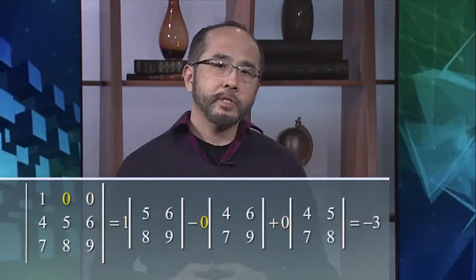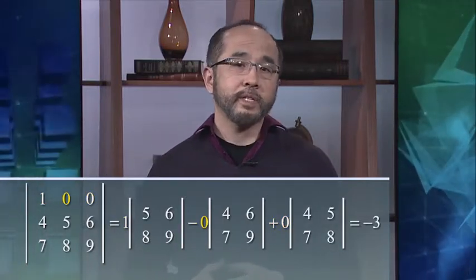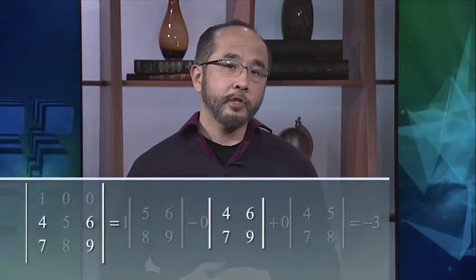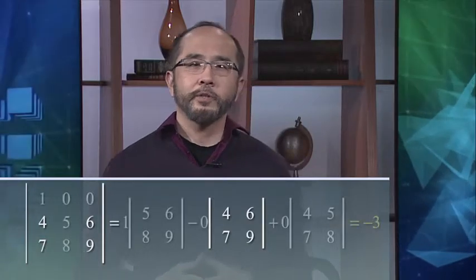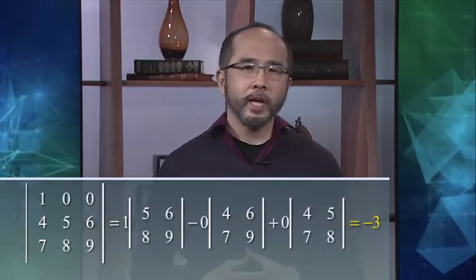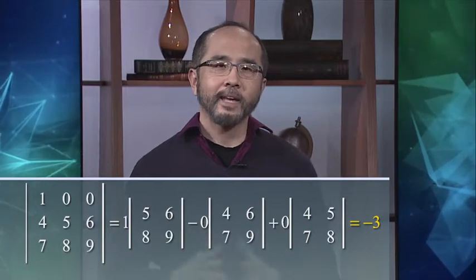And if you want the submatrix associated with the second term, you cross out the first row and the second column of the matrix. This leaves the 2 by 2 matrix 4, 6, 7, 9. So when you do this computation for the determinant, you get -3, as we expected.